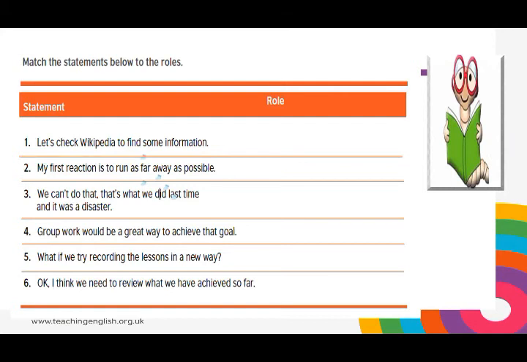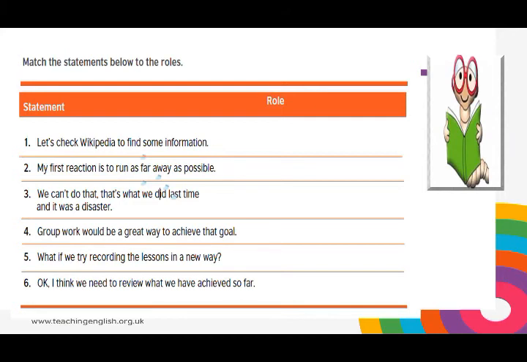That's what we did last time. It was a disaster. So what rule is this? It's negative. He was so negative, so pessimistic. Do you agree with me?